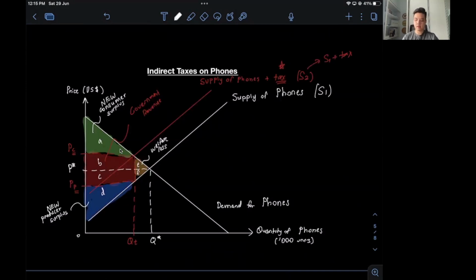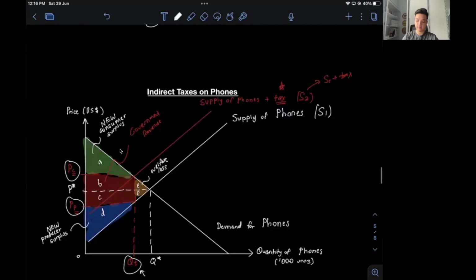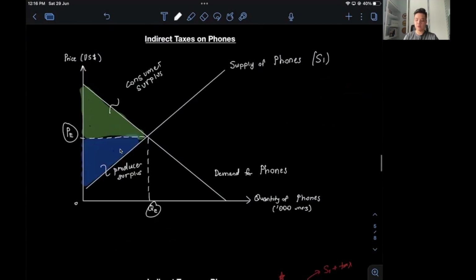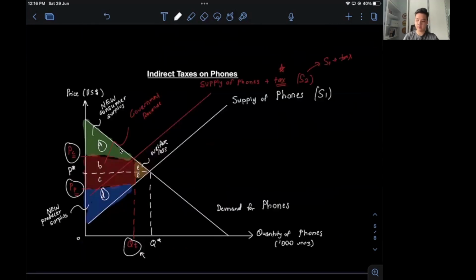First, let's talk about consumers. Consumers become worse off because they have to pay a higher price than equilibrium and they receive a lower quantity of phones. Similarly, producers also become worse off because they receive a lower price than what they could potentially receive in equilibrium, and they are only willing and able to supply a lower quantity of phones, as we see over here. So consumer surplus shrinks from the original green triangle to just area A in the new diagram. Similarly, producer surplus also shrinks from the blue triangle to just area D in the new diagram.